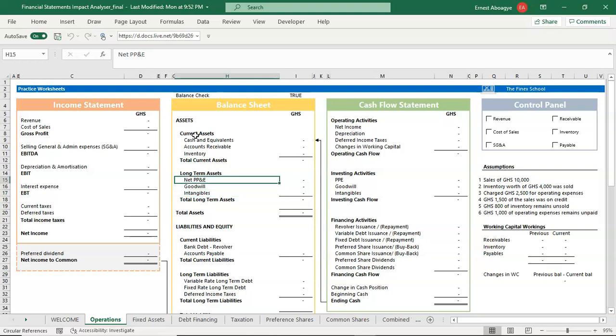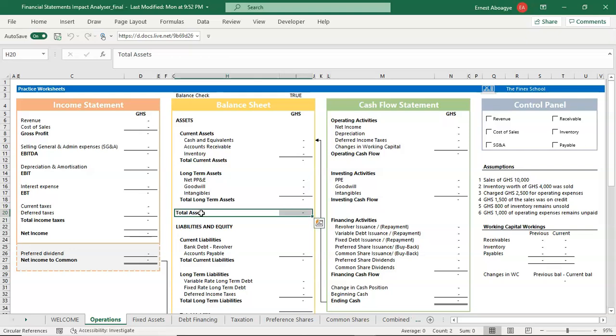Now the sum of all these long-term assets become the total long-term assets of the business, and we believe that these assets are to be used over a year. Now, the sum of the total current assets plus total long-term assets become the total assets of the business.